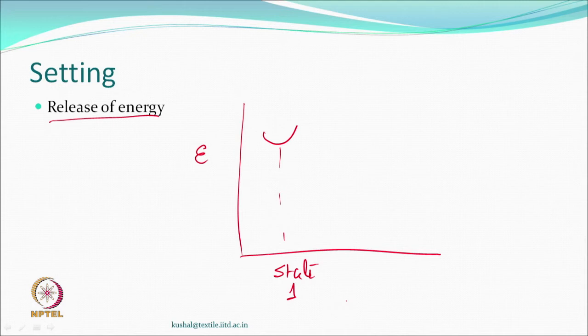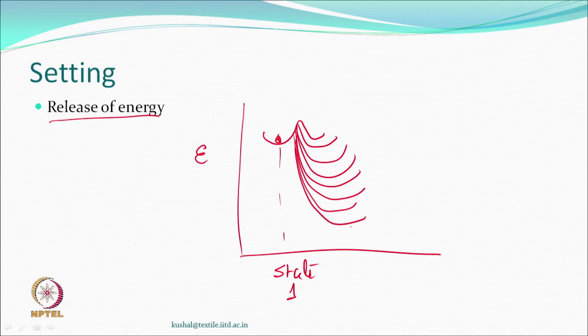After that, it was stable because it was not changing its position. So, it was stable, but let us say you put a crease and then start heating. As you start heating, crystallization can start, disorientation can start, and it can go to a state which has got a lower energy, let us say a state 2, and then you cool it.